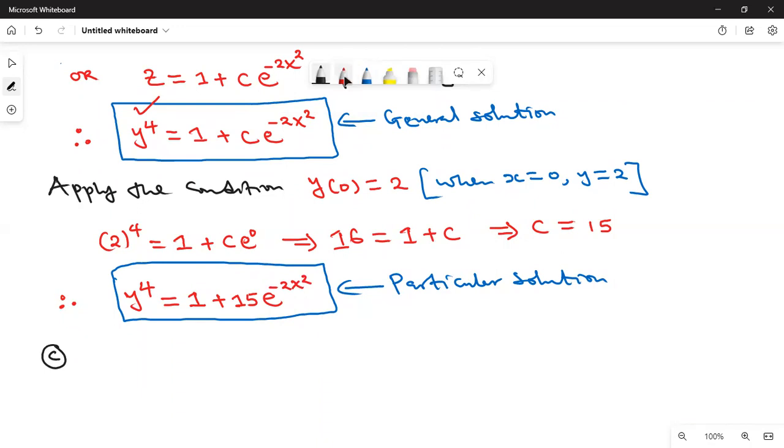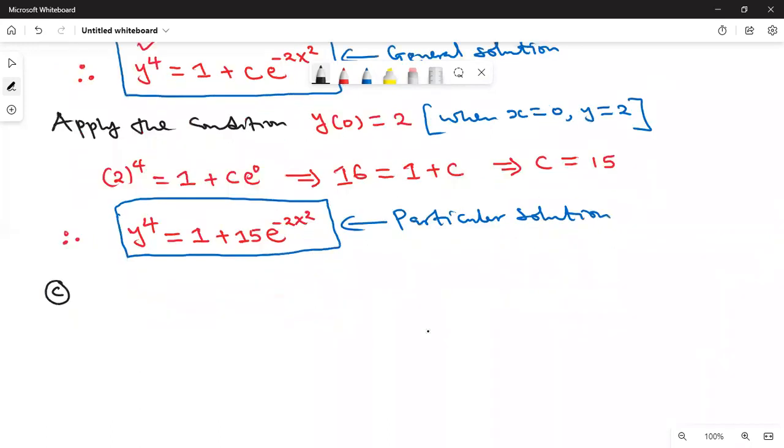So in part C, again, we are going to write the equation that we have been given. So the equation in part C is, let me write it down here. That was x times 6x squared minus y minus 1 times dy plus 2y dx is equal to 0.